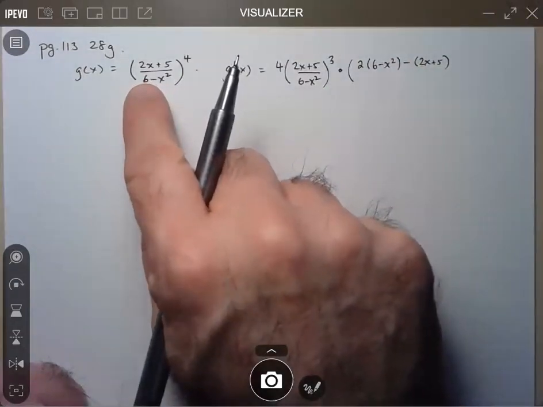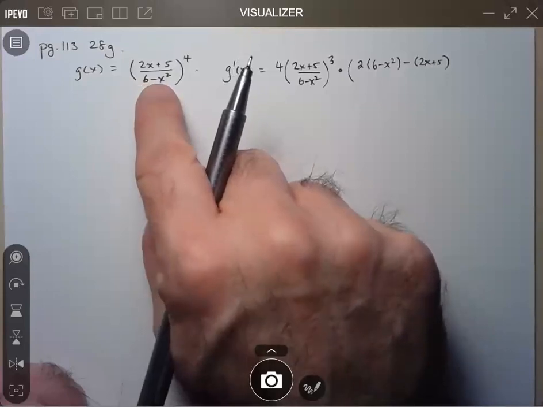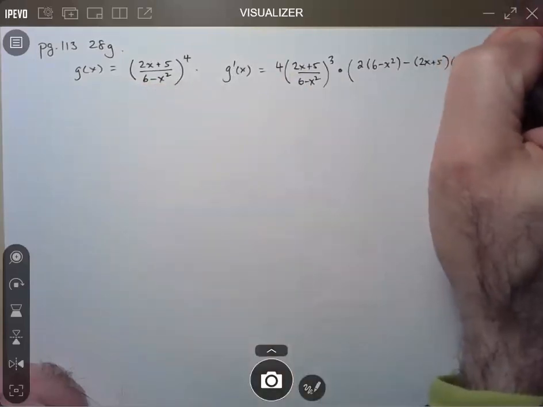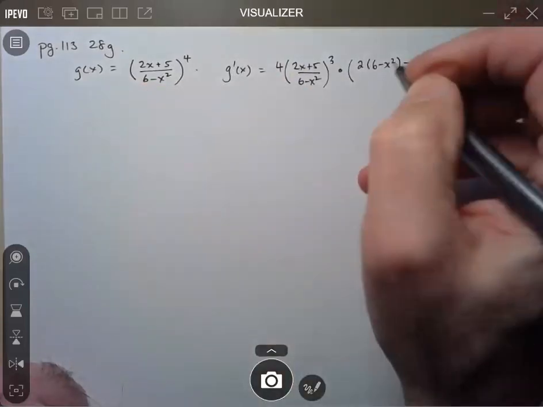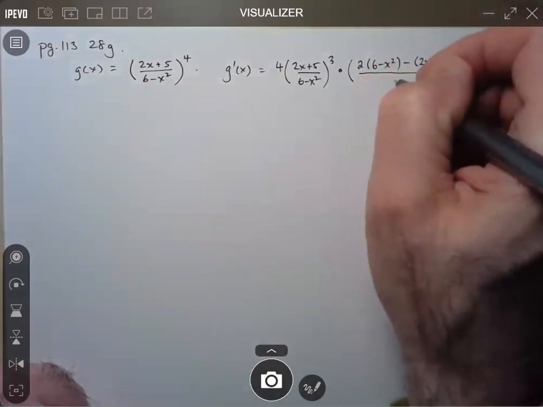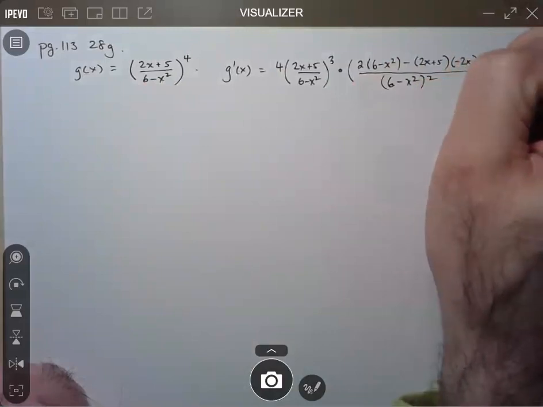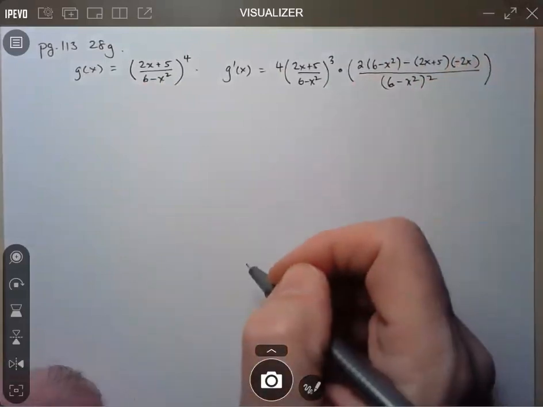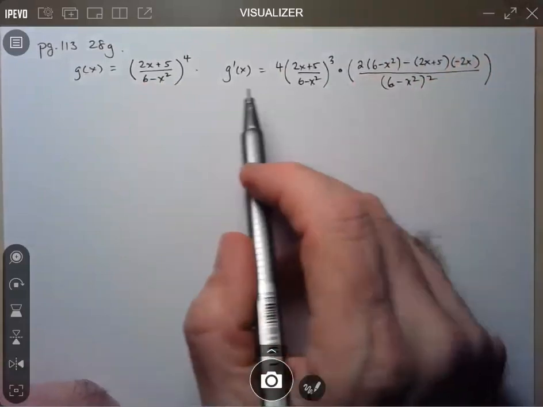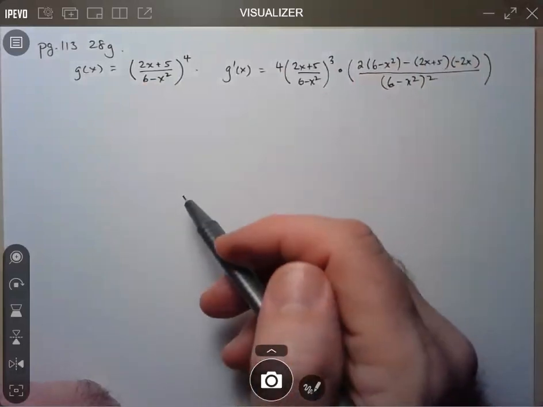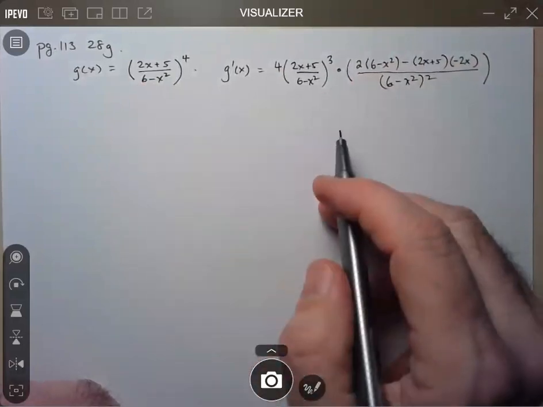Luckily, we got that 6, which is a constant, so derivative is 0. So it looks like we just have negative 2x. Okay, and all of that is 6 minus x squared, all squared. Okay. And again, if I was asking you to just find the derivative without simplifying, you would stop there.